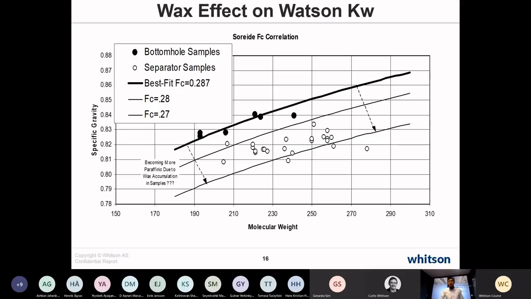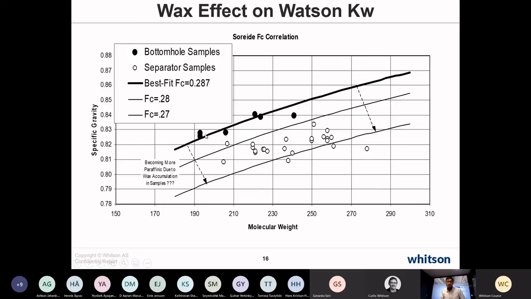Why that's usually important, for example, in terms of the sampling. Usually when you plot the specific gravity versus molecular weight, and if you have different samples collected from the field, they should be closely correlated.